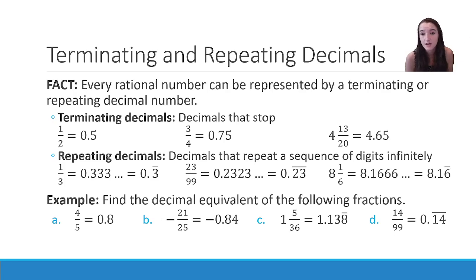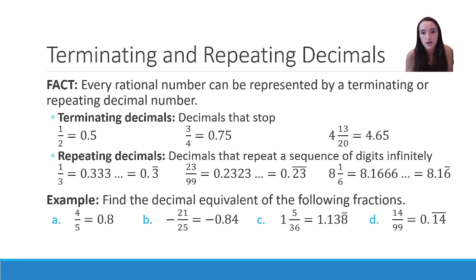14 divided by 99. That one's going to appear a little different. It's going to be 0.1414141414, and so on. Your calculator will stop probably 10 digits down the road, so we will write it with the repeating line over the 1, 4. 1 and 5/36 has a little extra to it.